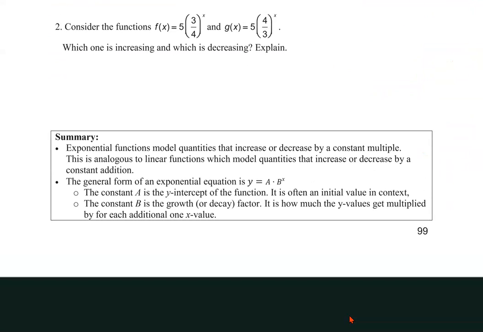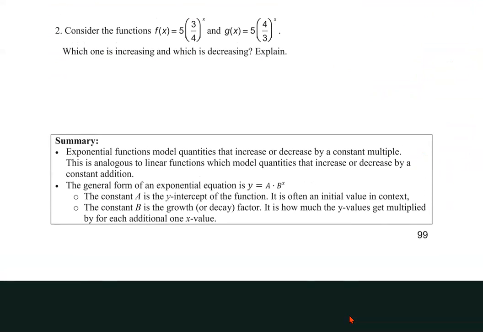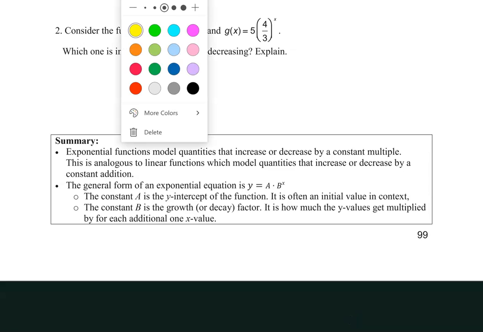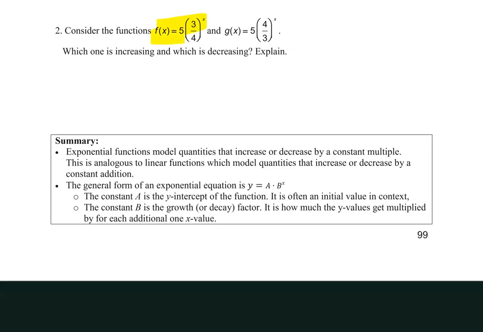Alright, and the last problem here, consider the functions f of x equals 5 times 3/4 raised to x and g of x is equal to 5 times 4/3 raised to x. Which one is increasing and which one is decreasing?